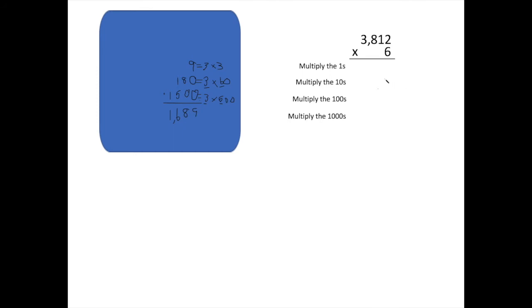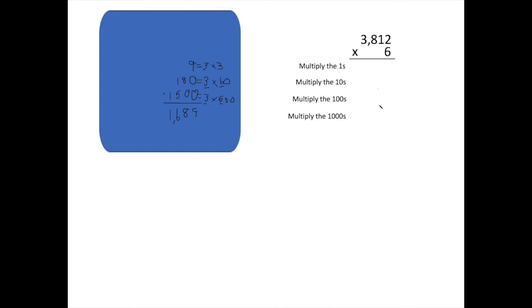All right, so the very first step, even though we're in the thousands place now, it's the same thing as what we did before, only we're adding in one more thing to multiply. So what I would like for you to do is go ahead and try to solve 3,812 times 6. Pause this video and try to solve, following the same steps we did before. Go ahead and go.